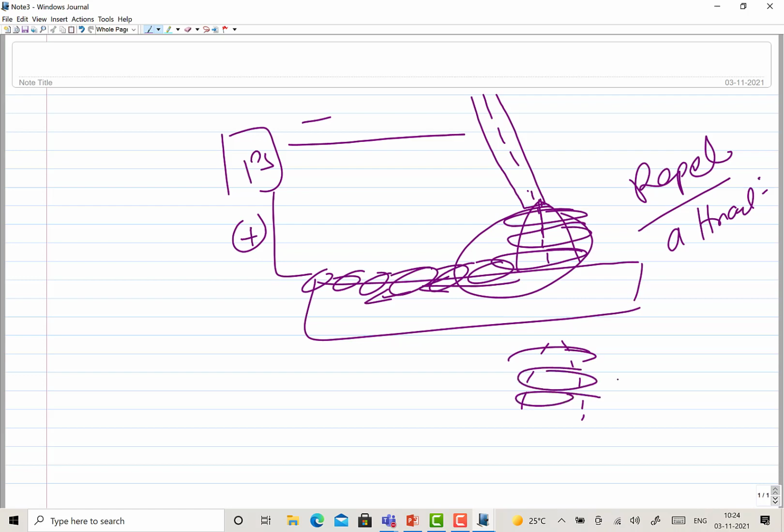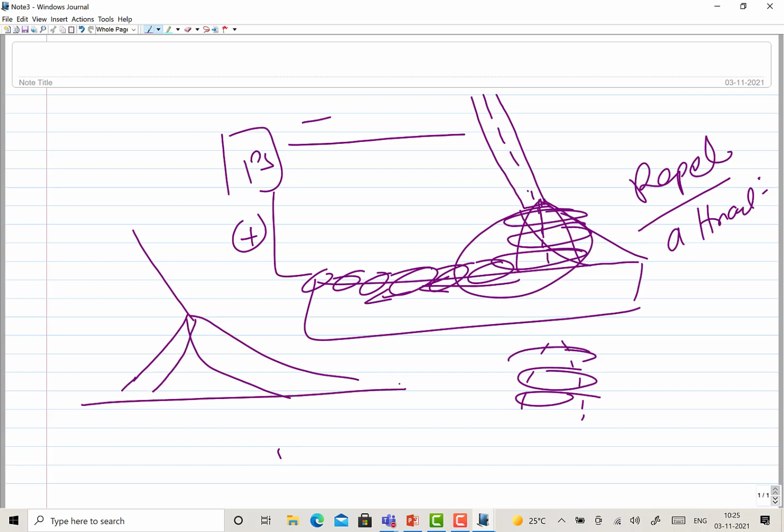because of this attraction or repulsion, the flow of the electrons is affected. Due to repelling, it may move like this, or due to attraction it may move like this. Both situations can be created.